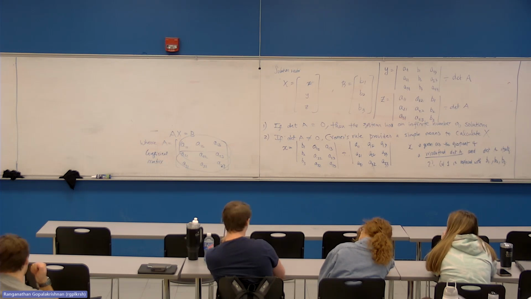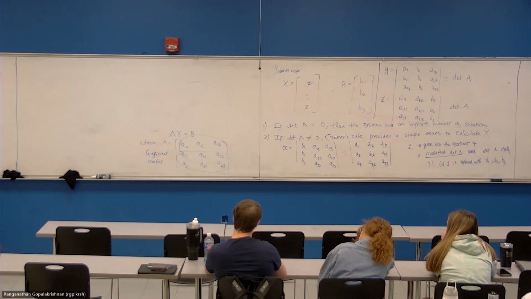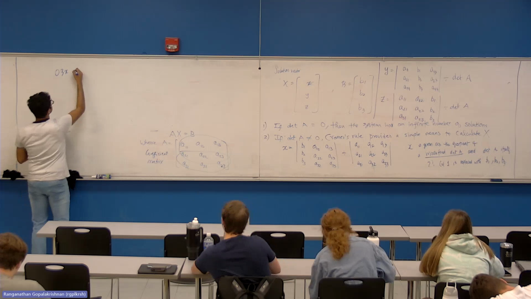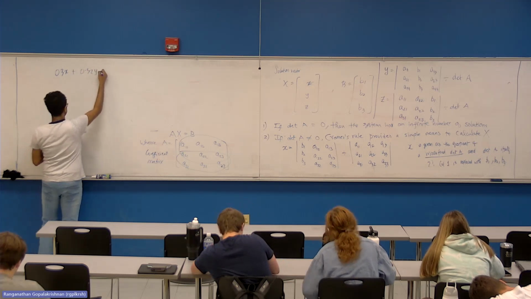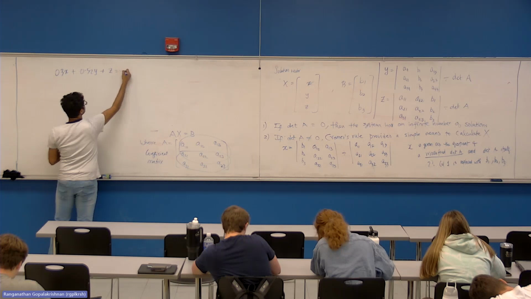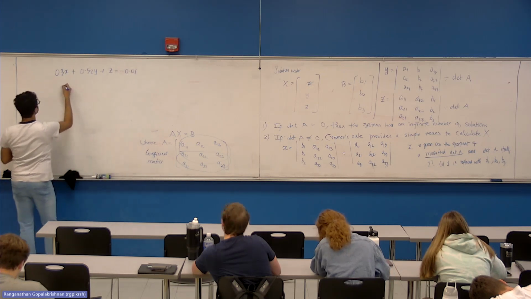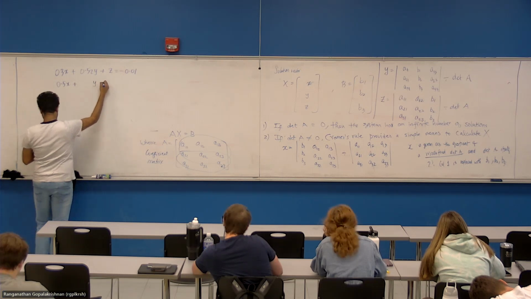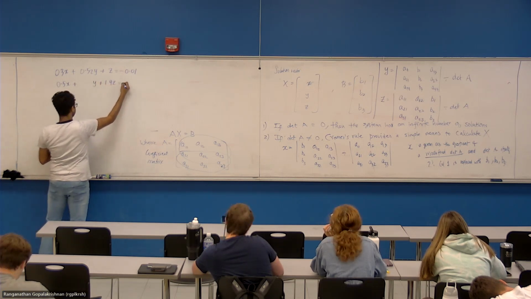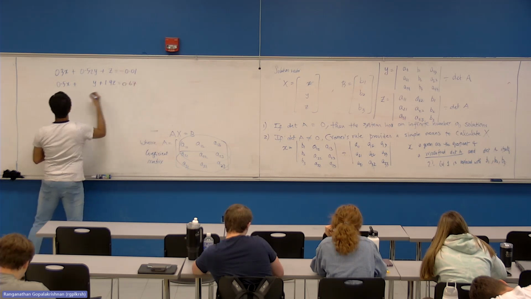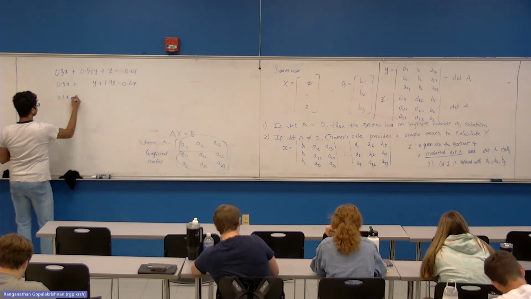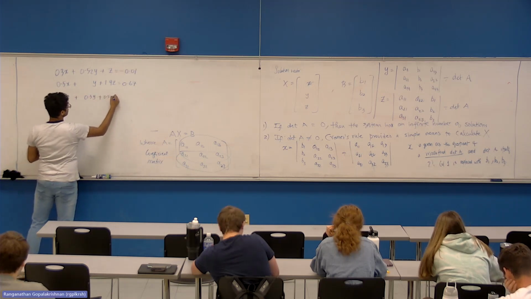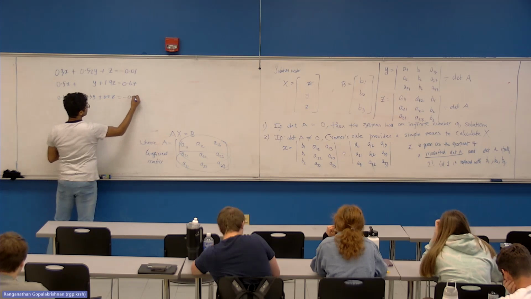This is an example from the book. 0.3x plus 0.52y plus z equals minus 0.01, 0.5x plus y plus 1.9z equal to 0.67, 0.1x plus 0.3y plus 0.5z equal to minus 0.44.